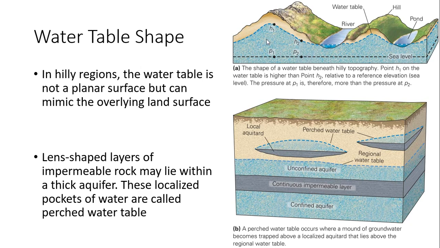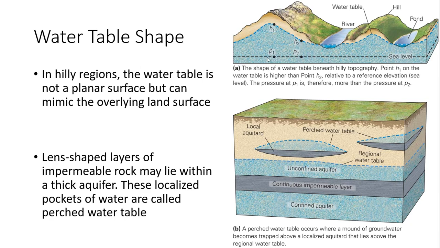And we can also tell from this the direction of flow. Now, it's fairly intuitive that if it were to rain here, that water would flow down onto the slopes from a high topography level to a low topography level. That's not any different for water. We would expect that water would flow from H1 to H2. And that also has to do with the differences in pressure.